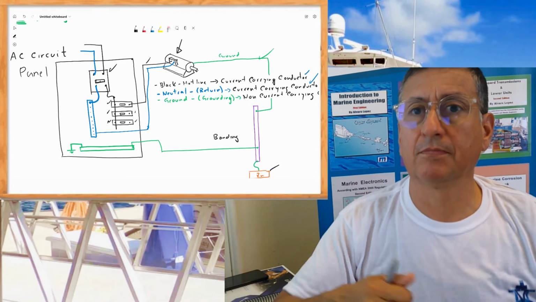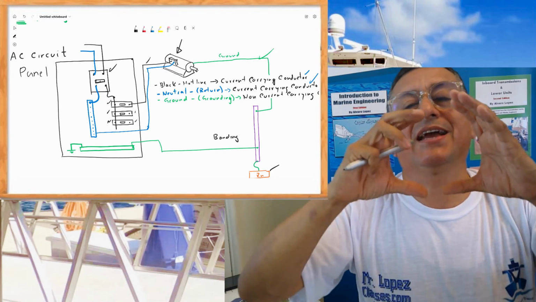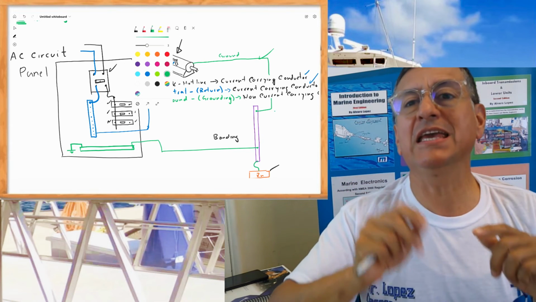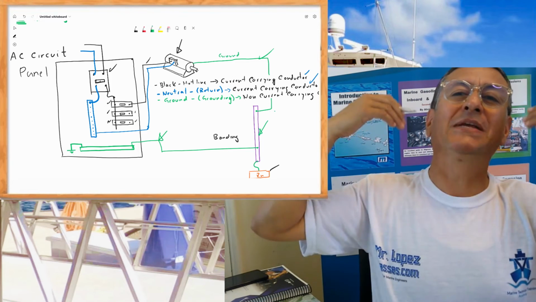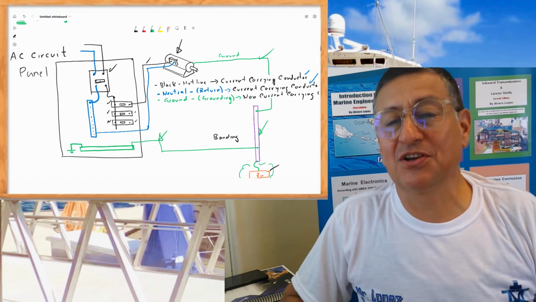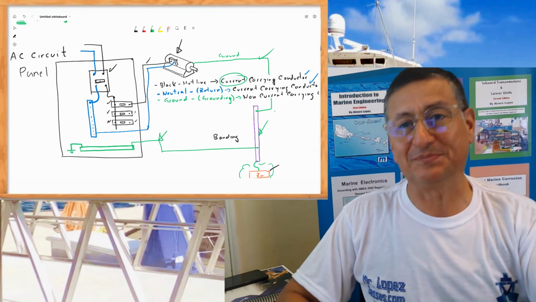It's exactly the same. And what about the green? The green is the cable used to drain static electricity or charge into the bonding conductor, and the bonding conductor is connected with the sink. Wow, this is the explanation of current carrying conductors and non-current carrying conductors.